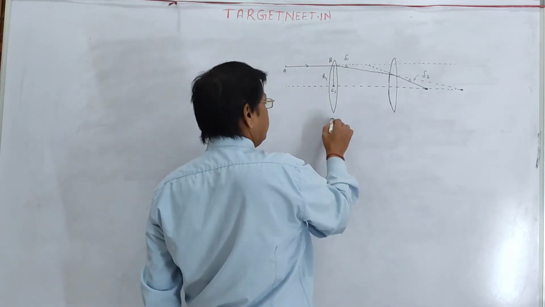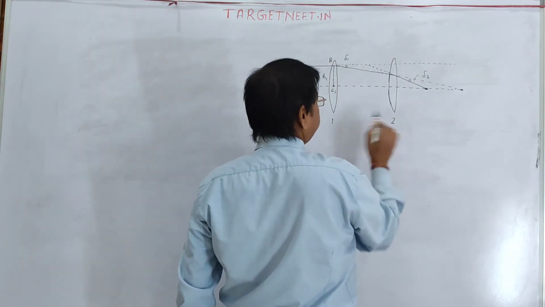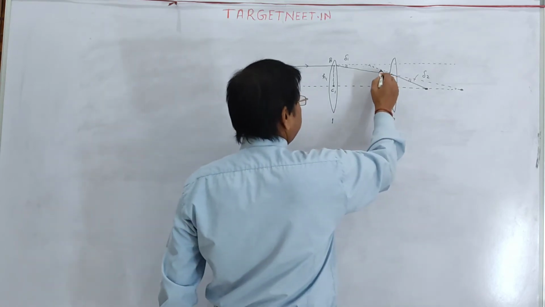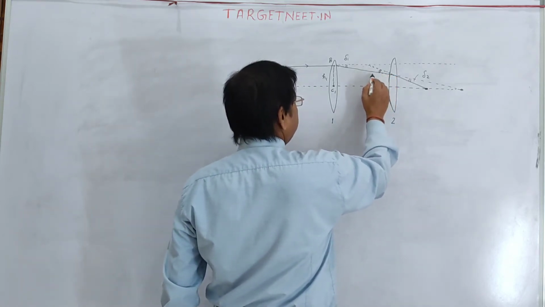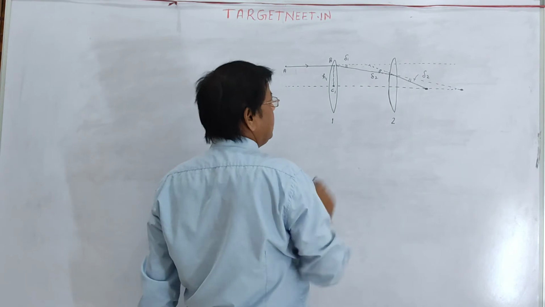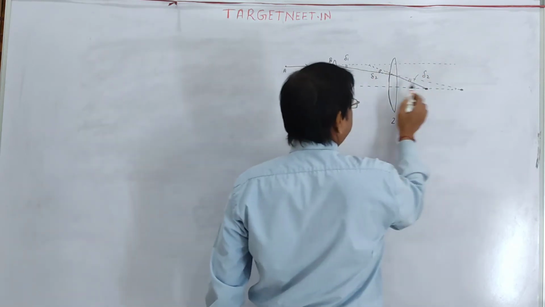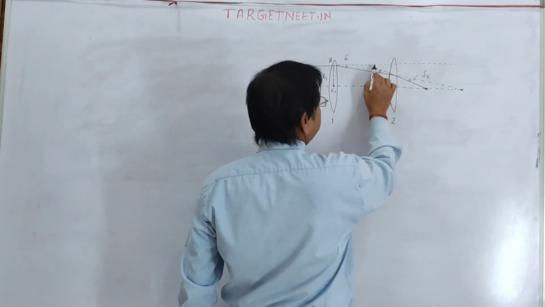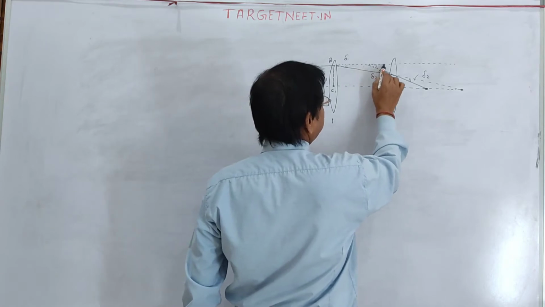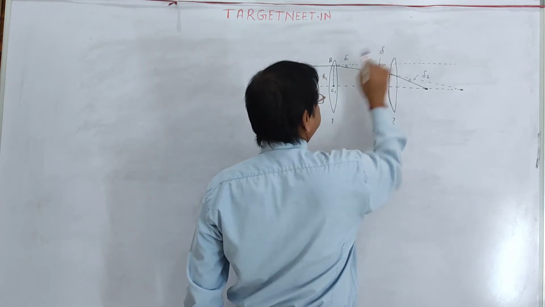This is lens 1, this is lens 2. Now this angle is also delta 2, a vertically opposite angle. This is the original ray and this is the emergent ray, so this angle is the total angle of deviation, delta.